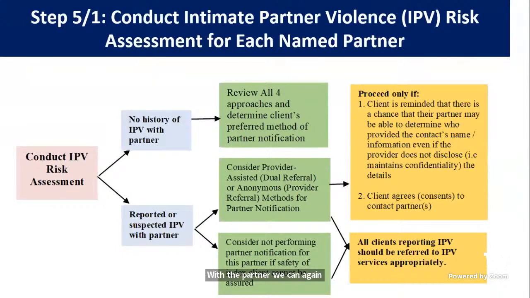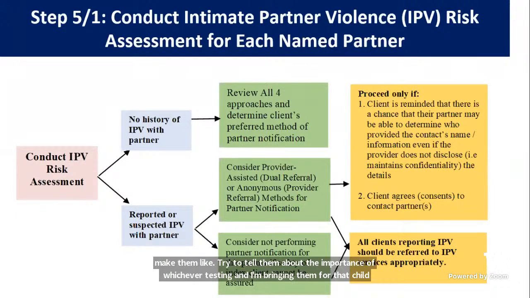Okay, I understand your concern, and if that is the case, will dual referral be okay? If I accompany you and we together share this and tell them about the importance of HIV testing and bring them for testing, is that okay or not?